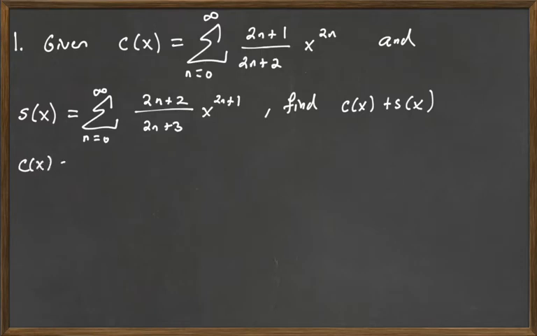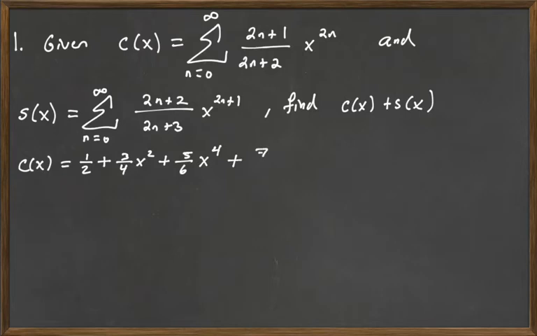So c sub x, okay, when n is equal to 0, we're going to have 1/2 x to the 0 power, so it's just going to be 1/2. And then when n is equal to 1, it's going to be 3 over 4 x squared. N is equal to 2, 5 over 6 x to the 4th.